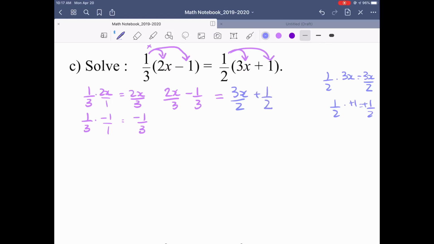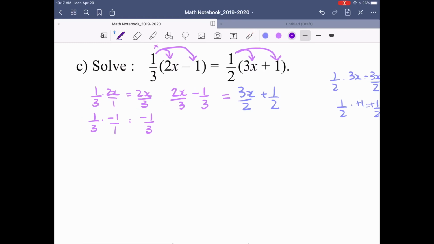So again, guys, we want to move anything that has an x onto one side, and anything that is a constant or a number, we want to move to its own side. So in this case, I'm going to just move the x's to the left. So I'm going to subtract 3x over 2 to move it to the other side.